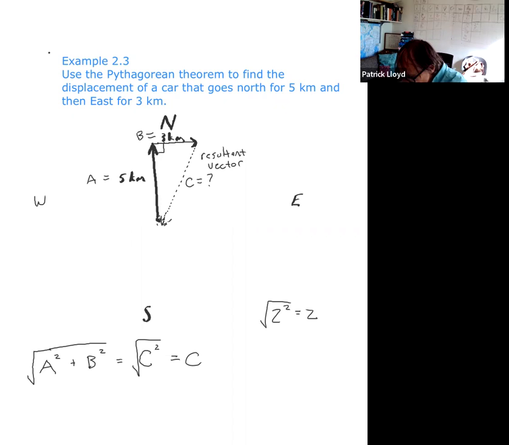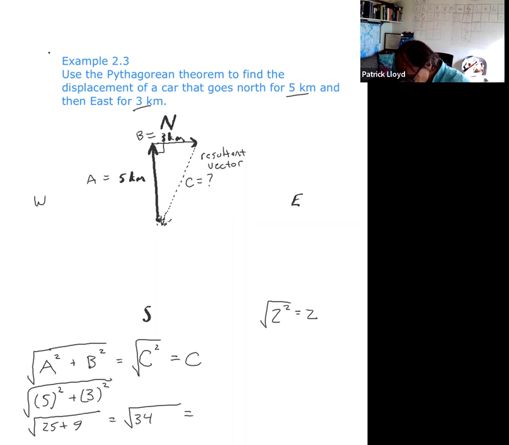So the first one was 5 kilometers, so 5 squared, plus the second one, which is 3 squared, and you take the square root of that. Okay, so that would be 25 plus 9, right? So that's 36. The square root of 36 is 6, right? Oops, sorry, it's 34. My apologies.